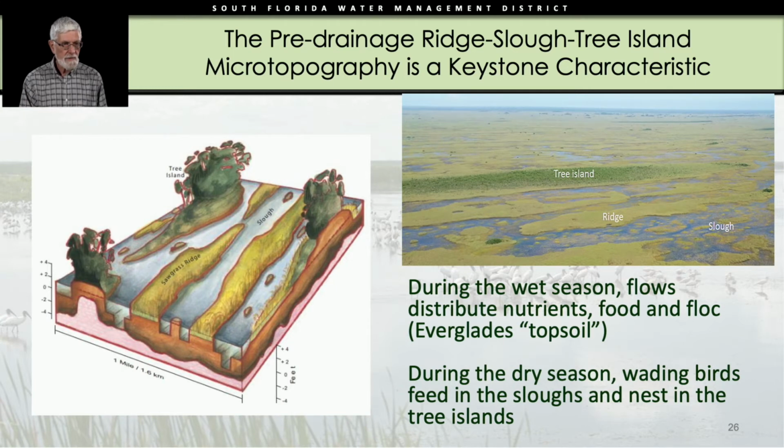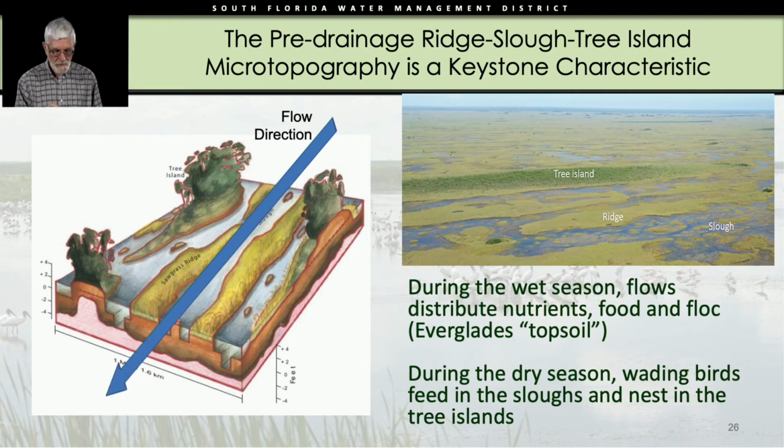And during the dry season, the wading birds and all the fish aggregate in the sloughs. One of the things that's rather unique about the Everglades is the flow direction: unlike many other patterned wetlands throughout the world, these features are parallel to the flow, and in many other places these type of features actually are perpendicular to the flow.